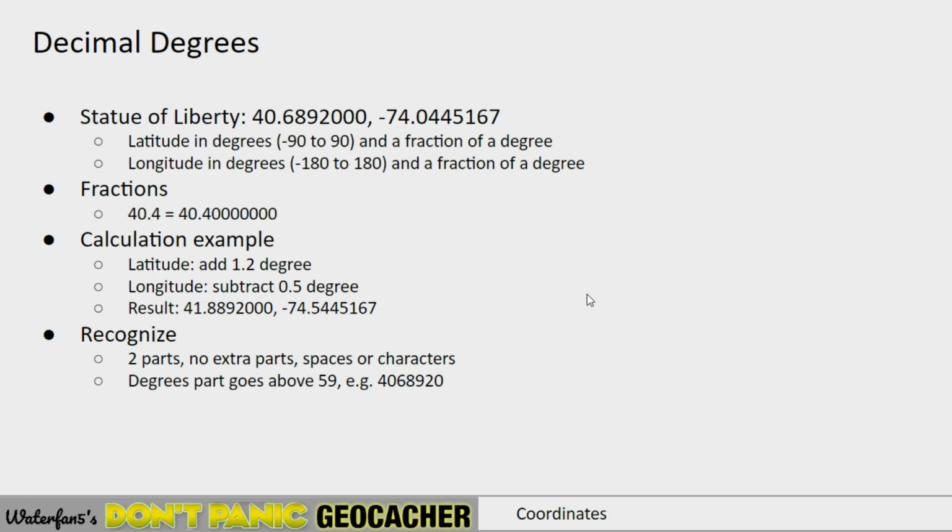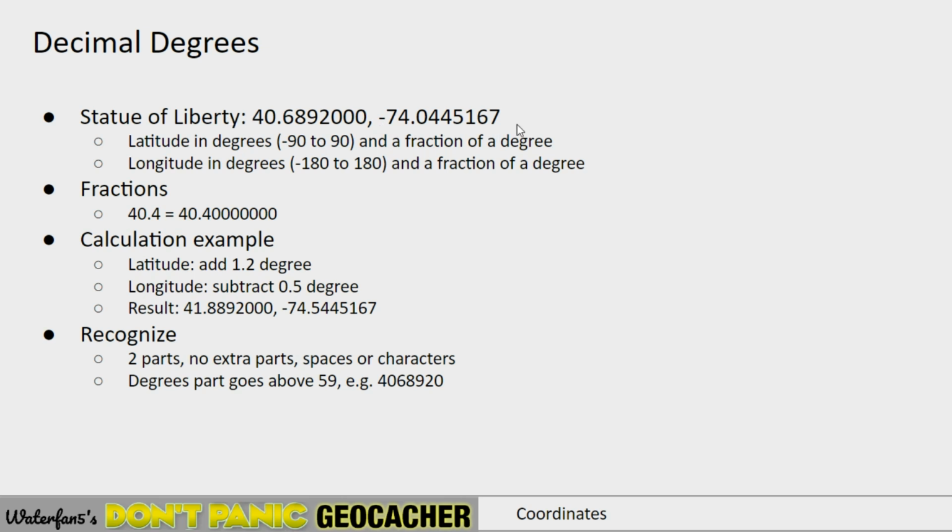With the standard system having to deal with minutes between 0 and 59, you can also see that there would be a system that doesn't take that into account. And that system is sometimes referred to as simply decimal degrees. So now the same coordinate, this is the same Statue of Liberty, just has 2 numbers. One number for the latitude, one number for the longitude.